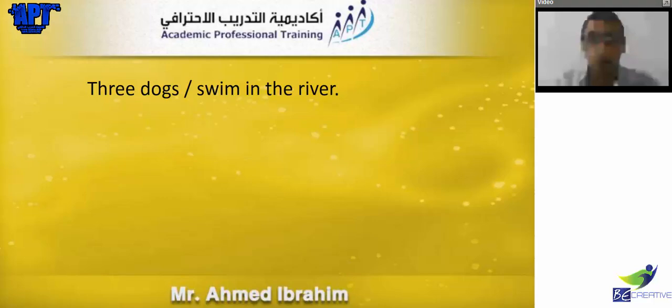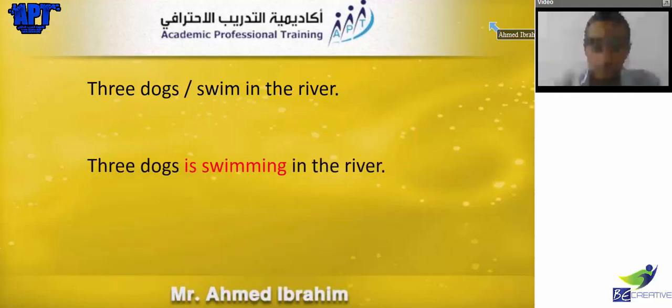So the sentence will be, three dogs are swimming in the river. Why did we use are here, not is?